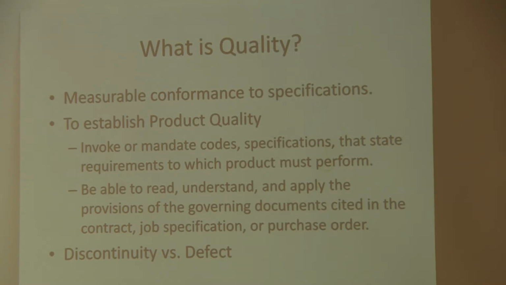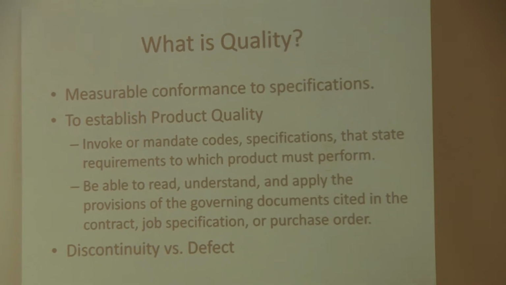In order to be the quality person or the certified inspector or wherever we fit in the process, we need to be able to read and understand and apply the provisions of those governing documents, of those codes and standards that are often cited in the contract or the purchase order or the job specification.